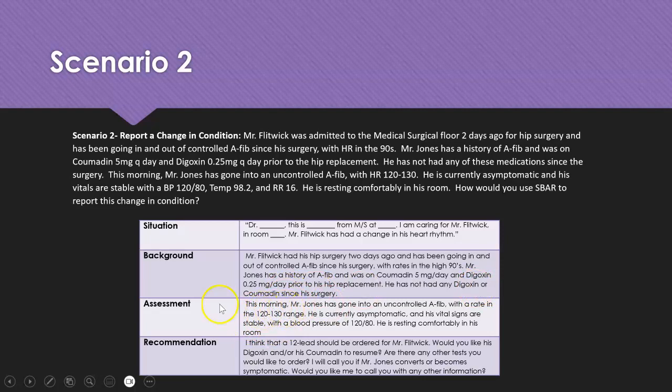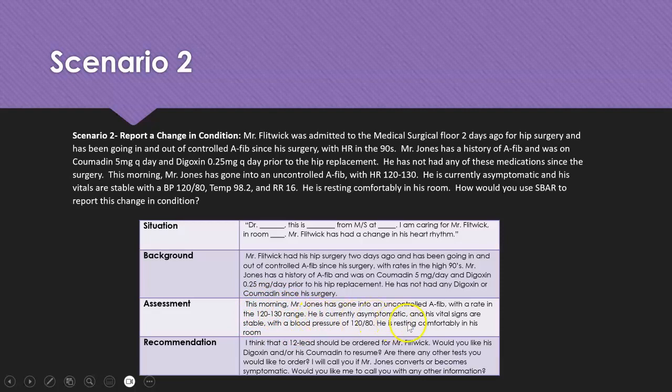This morning, because you're giving your assessment, Mr. Jones has gone into uncontrolled AFib with a rate in the 120s and 130 range. Is that a normal pulse range or apical pulse range? Is that rate normal? No, it's not.